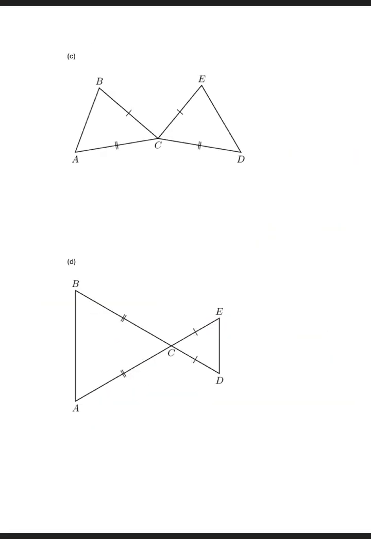And then C, let's see if we have enough information to determine whether the triangles are congruent. So we are given that BC is equals to EC. This one is given. And then we have AC is equals to CD is also given.